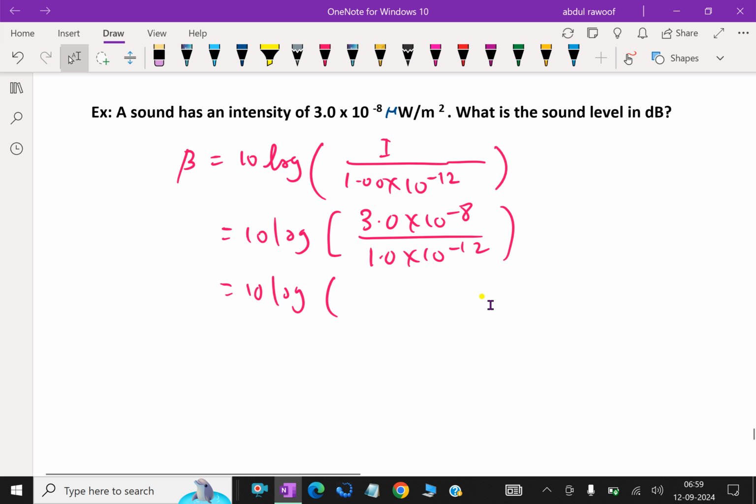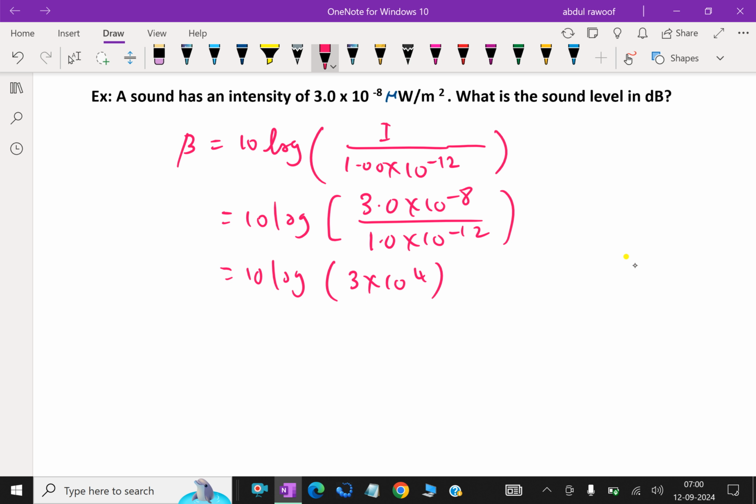This minus will go up as plus 12, so it's 10 power 4. 3 into 10 power 4, which is equal to 10 into log of 3 into 10 power 4.